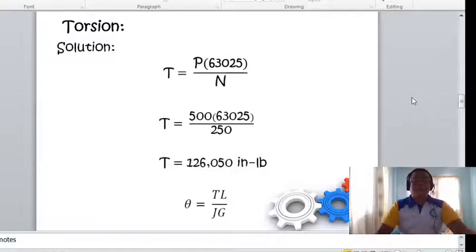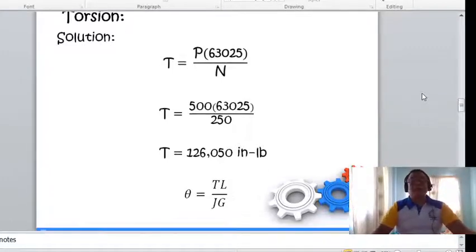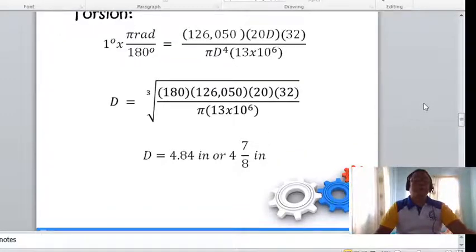Now getting the torsional deflection, TL over JG. Substituting the torsional deflection, which is 1 degree, changed to radians, equals the torque, which is 126,050, multiplied by the length of 20 times the diameter, and then multiplied by 32.